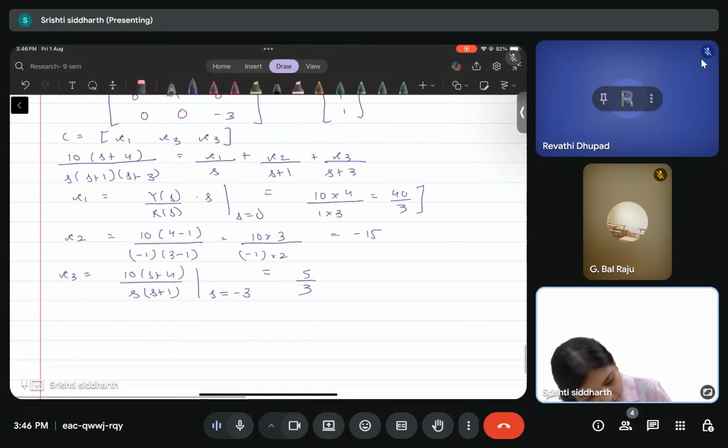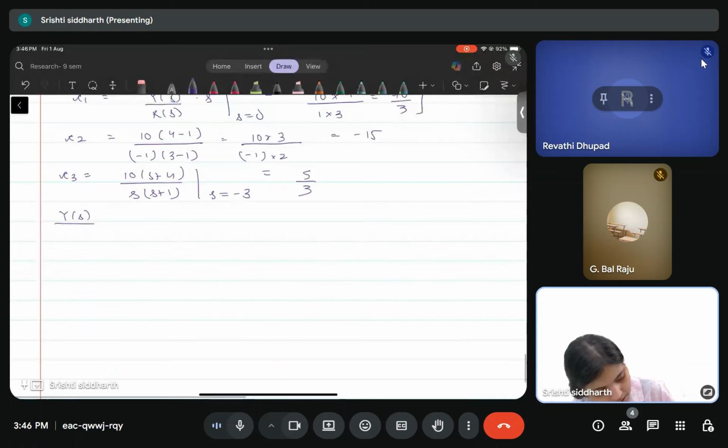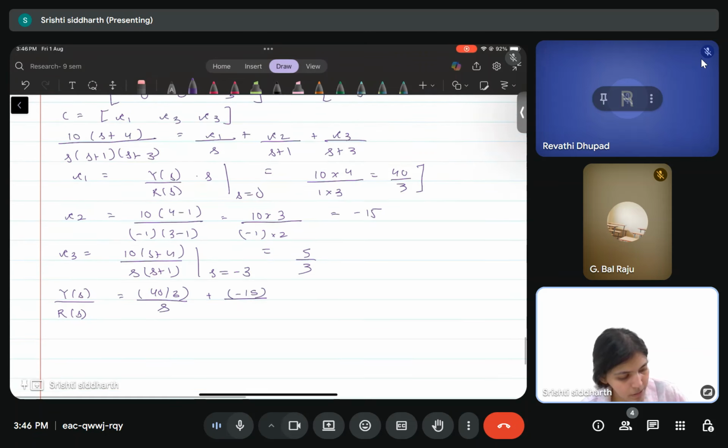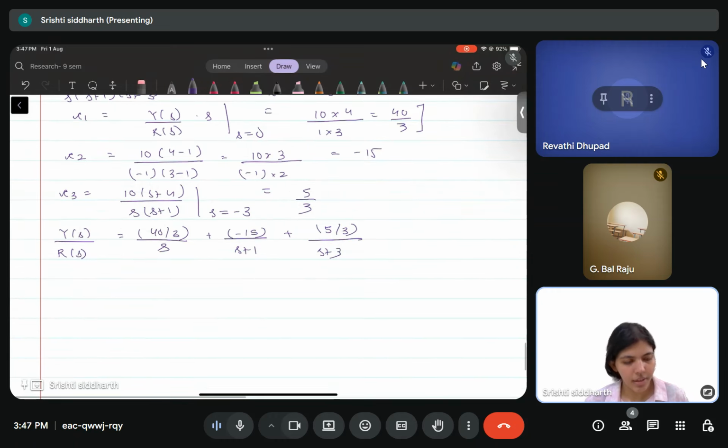Okay, so you can write the transfer function as 40 over 3 times 1 over s, plus minus 15 over s plus 1, plus 5 over 3 times 1 over s plus 3. So let's just look at it a little bit differently.